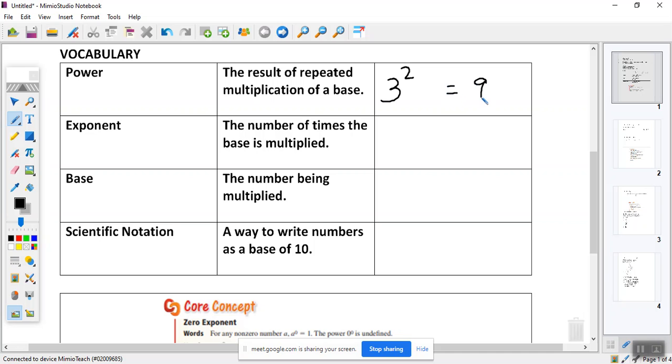All right? In 3 to the 2nd power, which one is the exponent up there? The 2, right? Okay, so above 2 is my what again, kids?